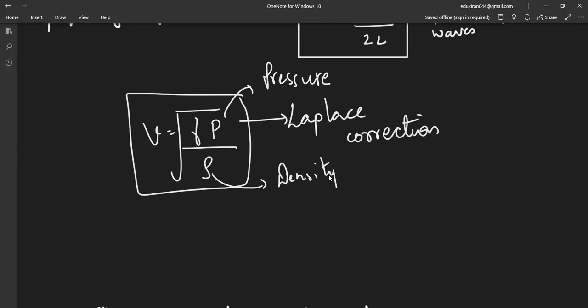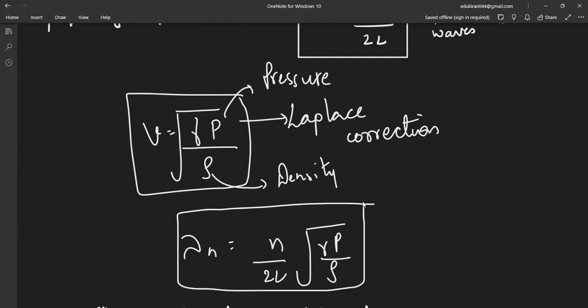So the frequency will be n by 2L times under root gamma P by rho, because this is V. But this will only come when gamma's value is given to you and specifically mentioned.